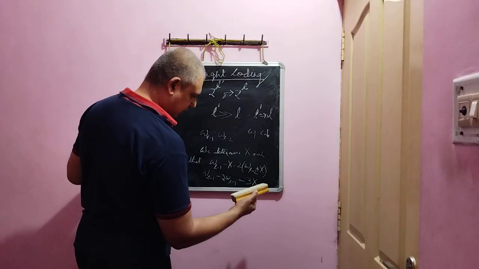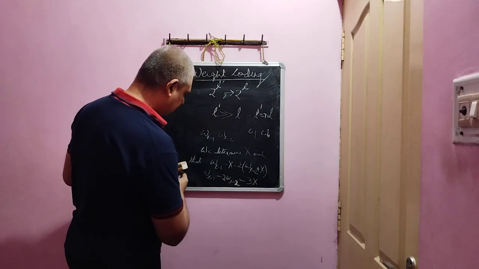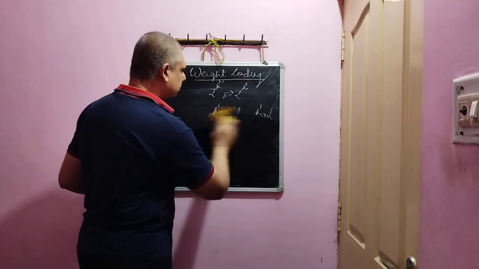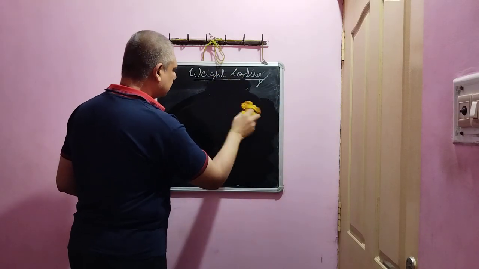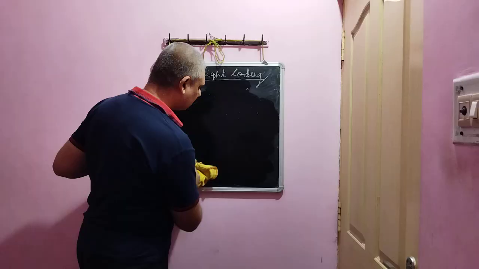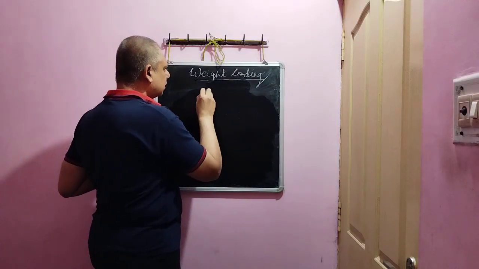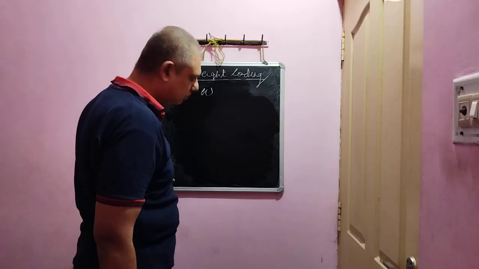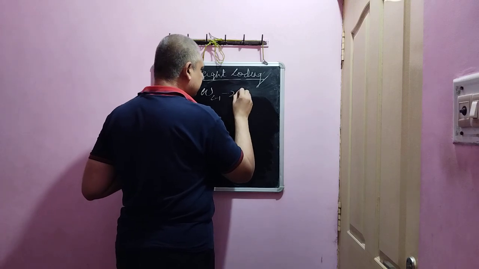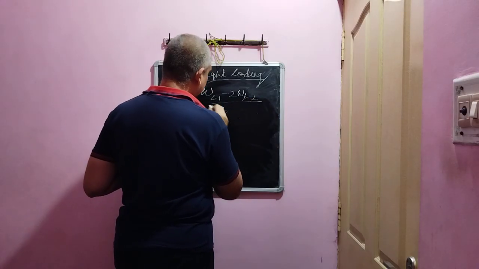That gives you X equal to (W(L minus 1) minus 2 times W(L minus 2)) by 3.